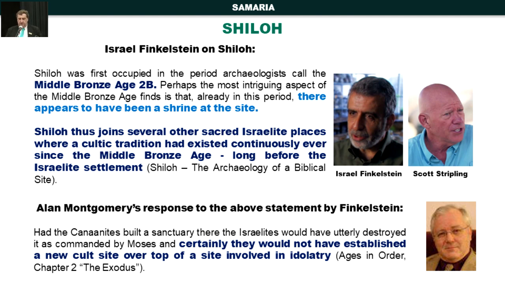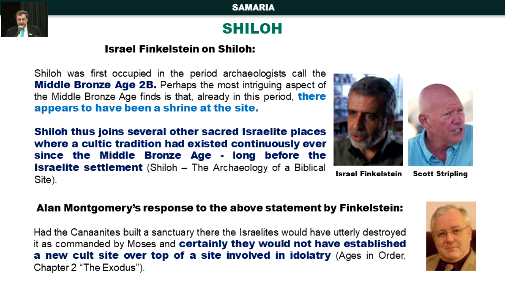Now, Israeli archaeologist and Bible critic Israel Finkelstein excavated the site back in the 1980s, before the current excavation being done by the Associates of Bible Research under Scott Stripling. Now, about the site of Shiloh, Finkelstein wrote the following. "Shiloh was first occupied in the period archaeologists call the Middle Bronze Age 2B.